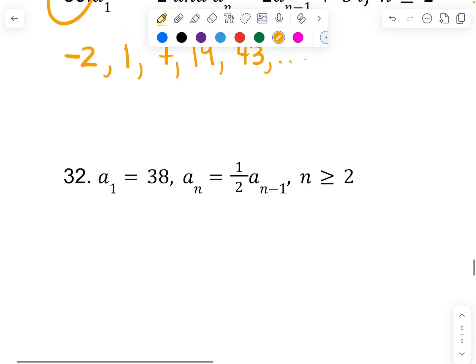Okay, so we're going to come over here. This tells us that 38 is where we're starting. It tells us that we're going to multiply by a half each time. So that'll get 19. 19 divided by 2 is going to be 9.5.